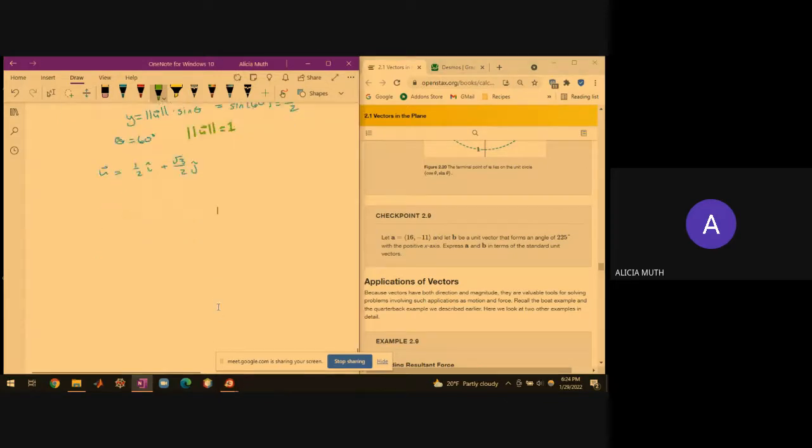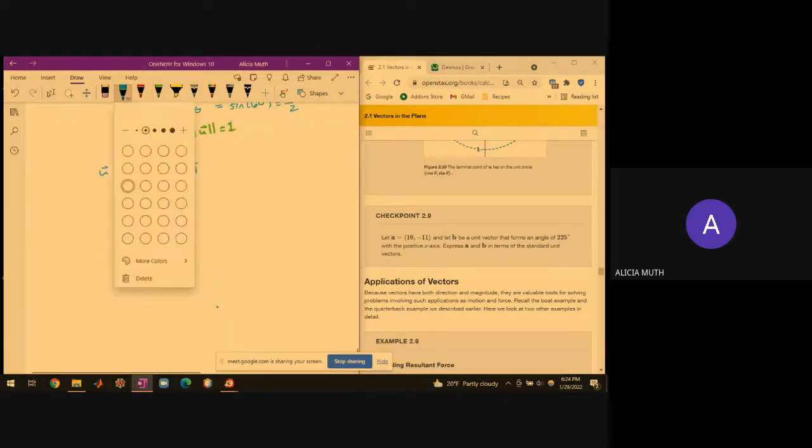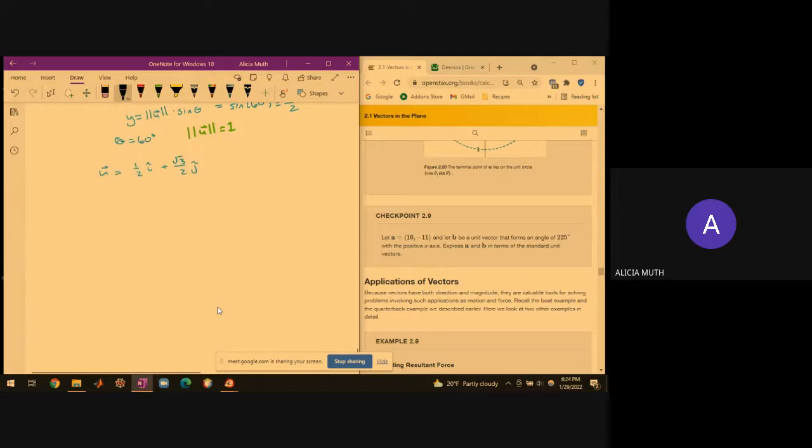Let's take a look at this checkpoint and see if we can get the right answer for that. So for our checkpoint 2.9, I hope you'll take the time to work on it on your own. We're given the prompt: let A be our vector 16 comma negative 11 and B a unit vector that forms an angle of 225 degrees with the positive x-axis.